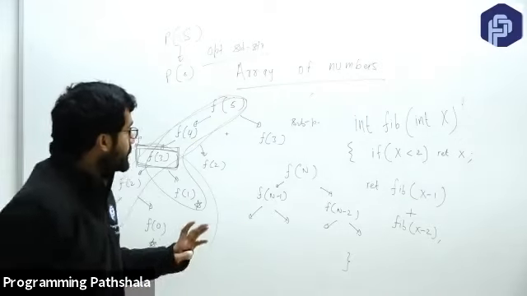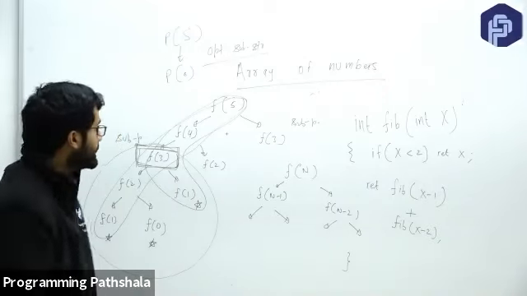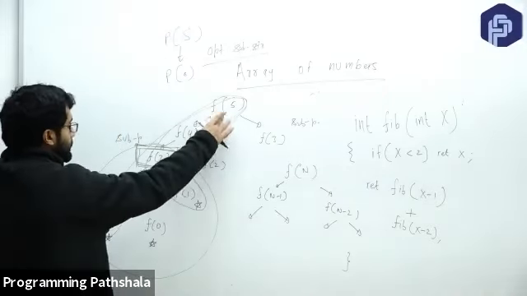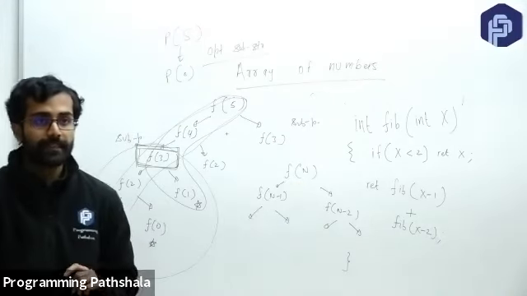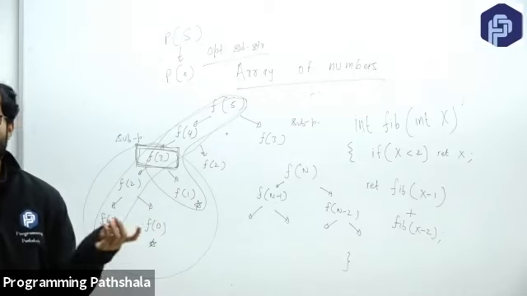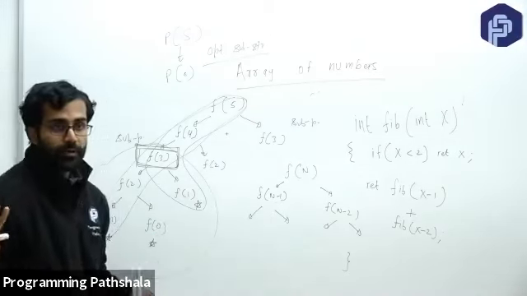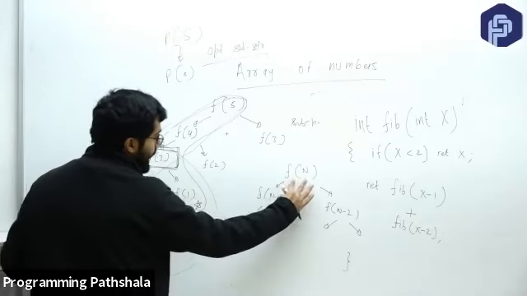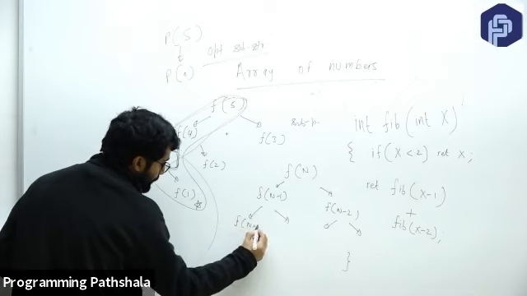Now, can you tell me what would be the height of this tree? By height of the tree, what I mean is what would be the length of the longest path from root to any leaf in terms of n? Can somebody tell me that? That would be n. The height of this tree would be n. And from which branch it would come out to be n, that also I can tell you. f of n calls f of n minus 1. f of n minus 1 calls f of n minus 2.